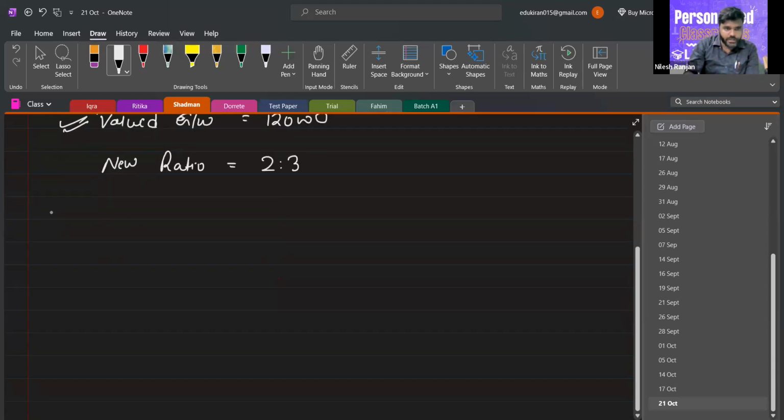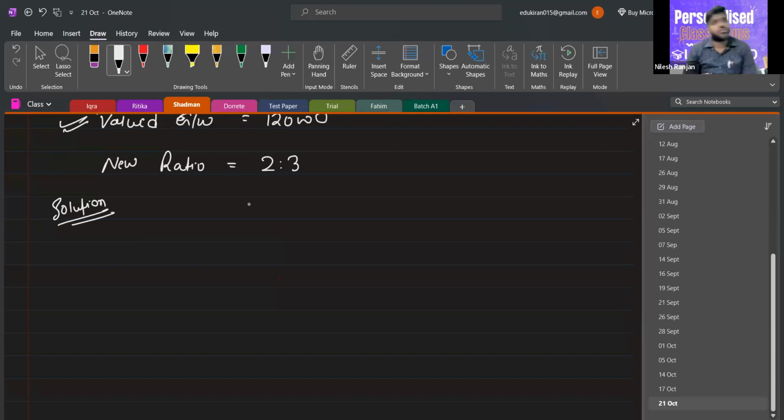Working note number one: if we solve any of this portion related to goodwill, accumulated profit or loss, we need the sacrificing ratio, because the new ratio is already given. Always remember, there are very few portions where you don't have to calculate the new ratio or sacrifice gain ratio, because they don't require it.